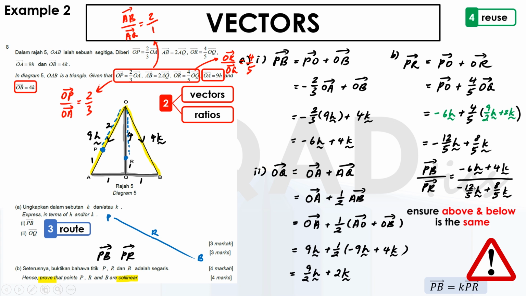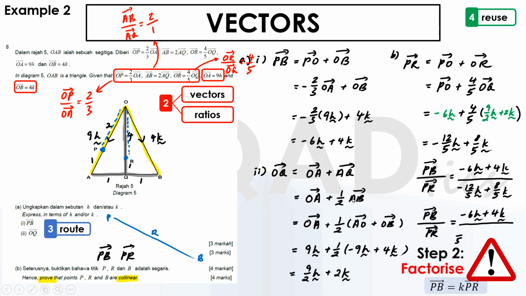Okay, so the first step here is if you compare the denominators here, both are the same. Right? So what I will do is extract or factorize out the 5 first. Okay, then here if the 5 is eliminated already, now you can see the relationship between these two numbers already. 4, 8, 6, 12. So here it's just I need to multiply 2 to get the next number, right? Sorry, to get the number below.